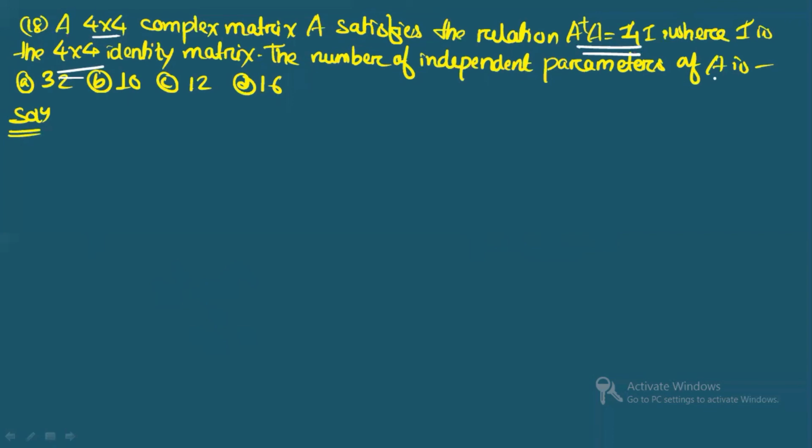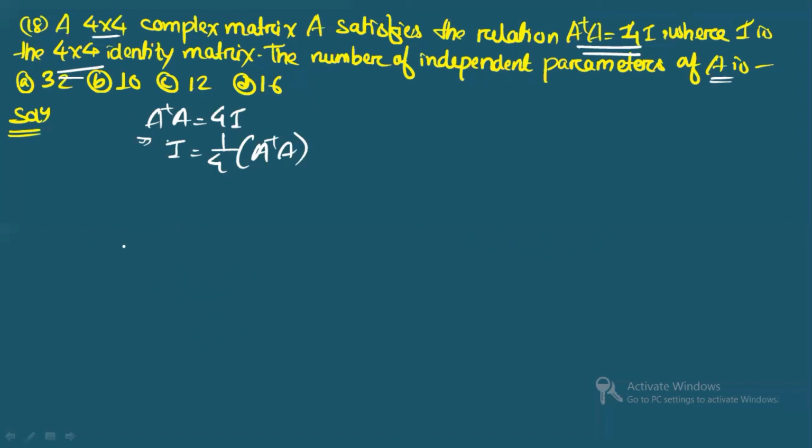You will have to find the number of independent parameters of A. So first, what is given: A dagger A equals 4I. From here you can write I equals 1 by 4 A dagger A. Yes or no?